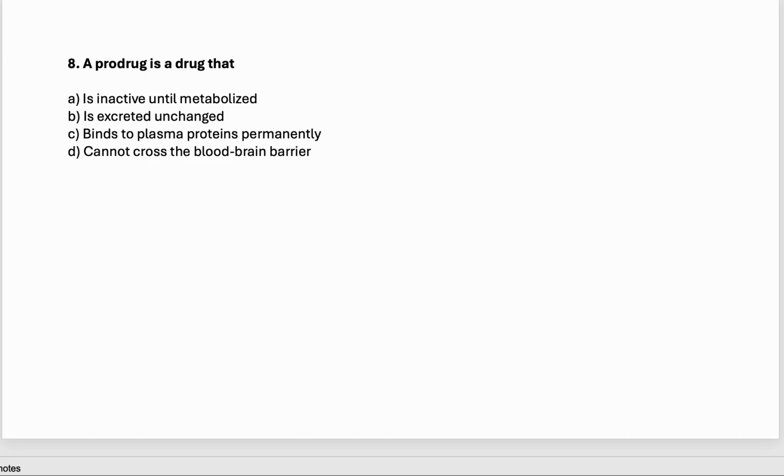Next question. A prodrug is a drug that A. is inactive until metabolized, B. is excreted unchanged, C. binds to plasma proteins permanently, or D. cannot cross the blood brain barrier.